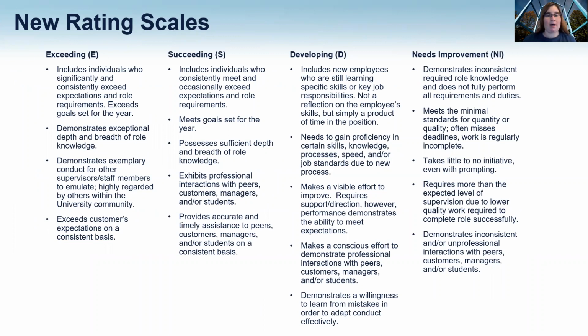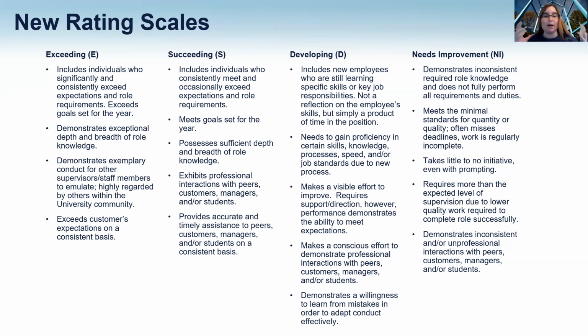Right, thanks, Kay. So with our new evaluation system, we have a new rating scale that we'll be using and rolling out with this new review process. As you can see, we have 4 categories to be rated in for the new system. They are exceeding, succeeding, developing, and needs improvement. What we're anticipating and hoping to see is that most folks are going to fall in the succeeding or developing categories.